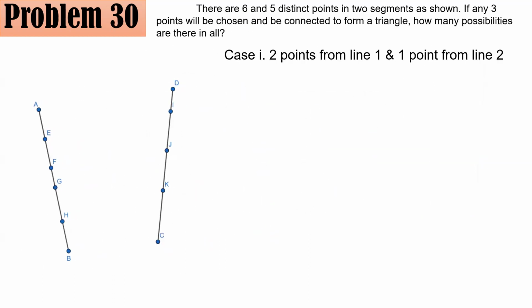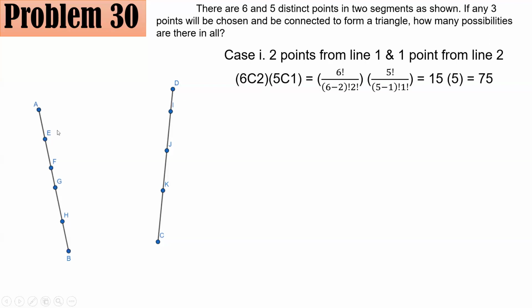The first case is if you get the 2 points from line 1 and the remaining 1 point from line 2. So here we have 1, 2, 3, 4, 5, 6. You will choose 2 out of these 6, and the remaining 1 point will be taken from this 5. That's why I have 6 combination 2 here and 5 combination 1 here.